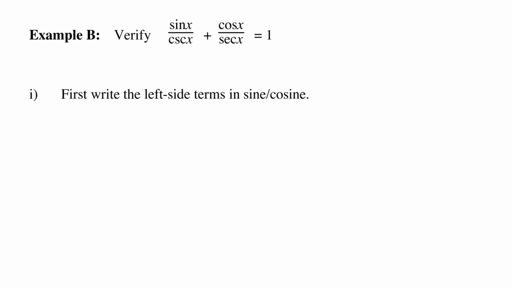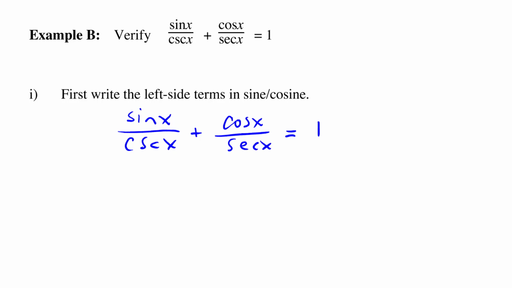Okay, so here's a new identity to prove anyway. And this time we're going to write everything in terms of sine and cosine. Well, first of all, let's put down the actual identity. It's sine x over cosecant x plus cosine x over secant x equals 1. So converting to sine and cosine, we have sine over the cosecant. Cosecant is 1 over sine plus the cosine is as it is, but the secant becomes 1 over cosine x.